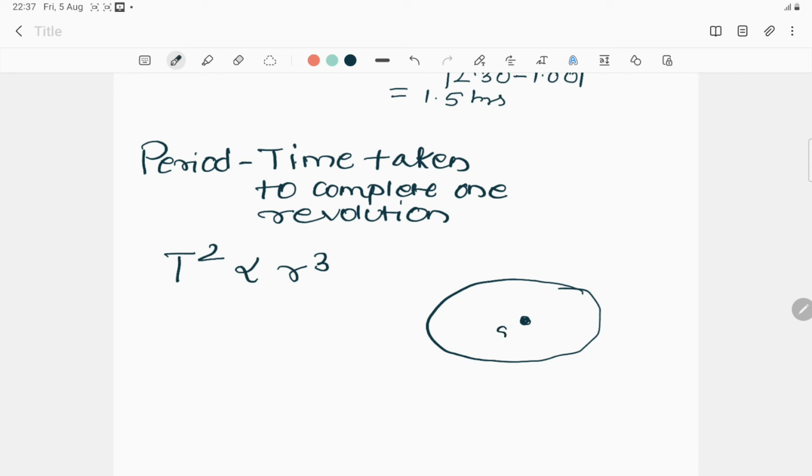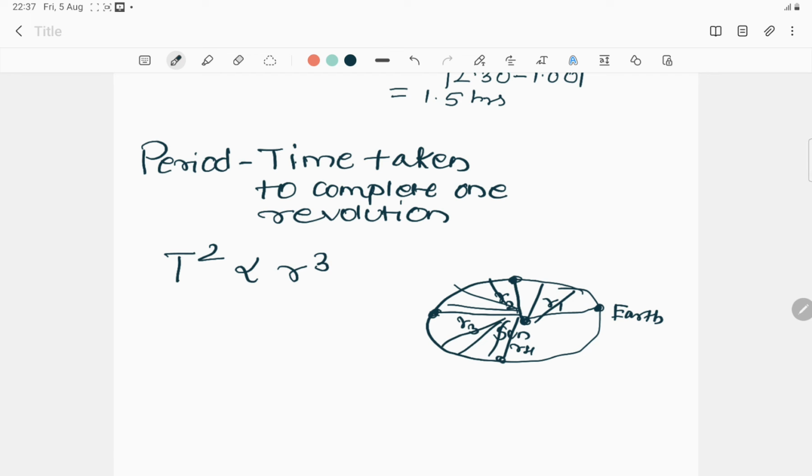Sun is here and the planet Earth is here. Then the Earth will come here, then here. After some time Earth will be here. The distance is changing because the focus is not at the center, so these distances will be r1, r2, r3, r4 and so on. There are many distances, you can draw infinite lines.